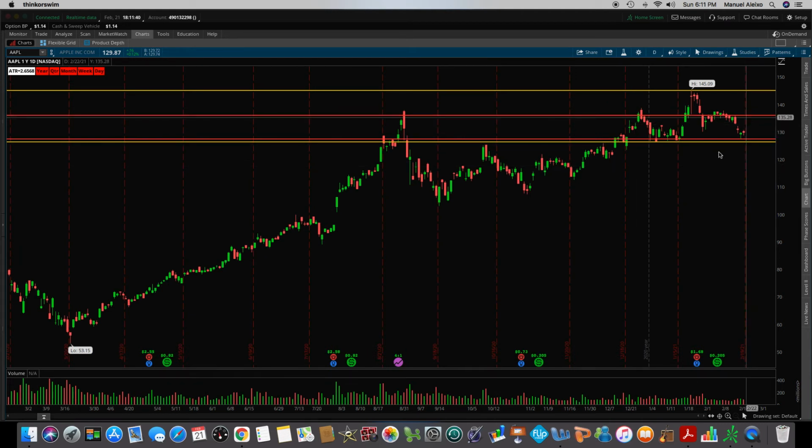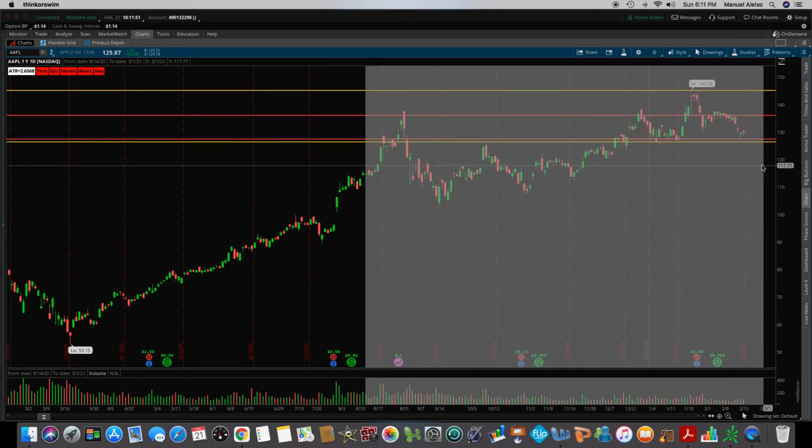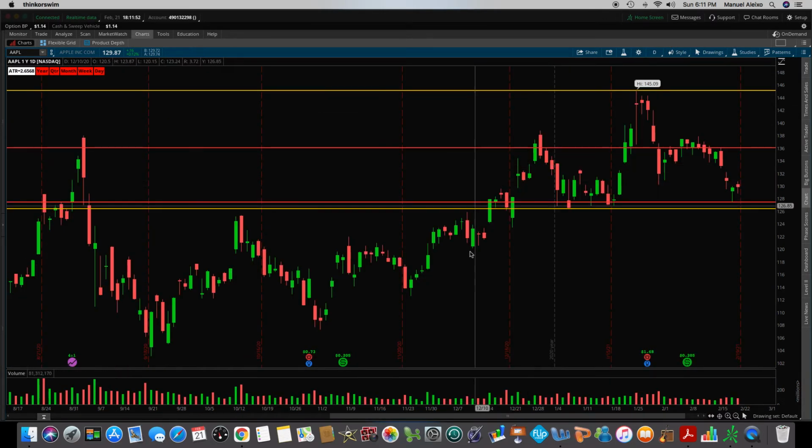Okay? Now, if you take a look at Apple, this is a 1-year daily chart. So these are all daily candles. And I'm going to zoom in right about here. Okay? There you go. Hope you can see that. As you can see here, folks, Apple ran up in this area back on September 2nd to as high as 137.98.